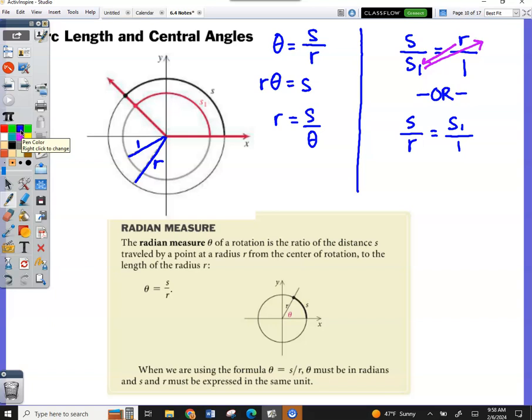Well, because look at S over R, that looks really familiar, right? And then S1 right here, we're going to let S1 be theta. So if S1 is theta, then we now have S over R equals theta, which is what we started with.